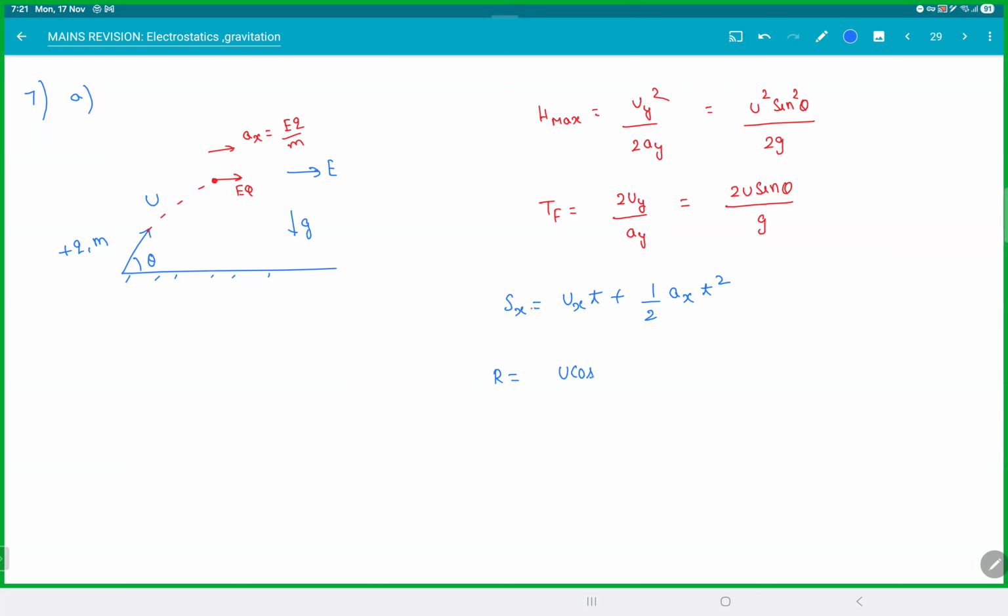This will be u cos theta times time of flight, plus half ax, which is EQ by m, times time of flight square. Take time of flight and substitute here. So the first term will be the regular range u square sine 2 theta by g. This will be that additional term. Clear with this?